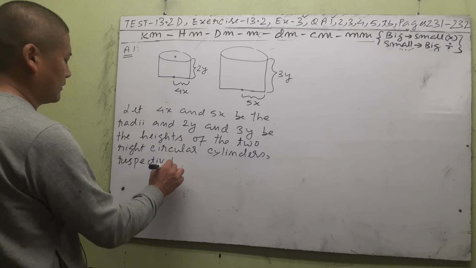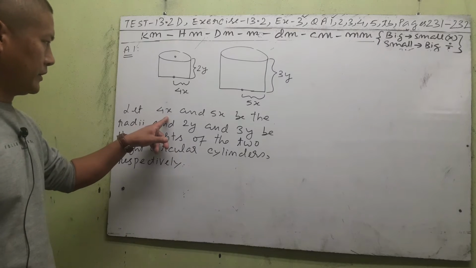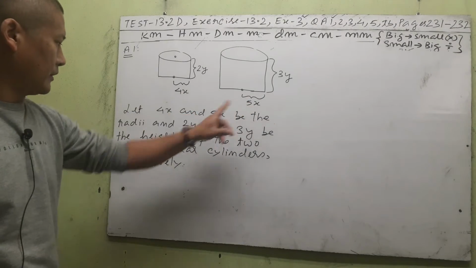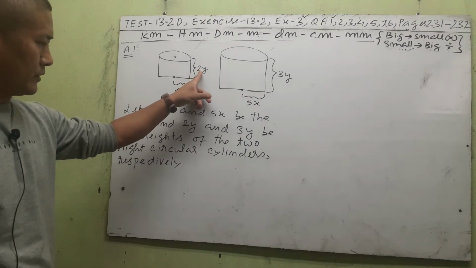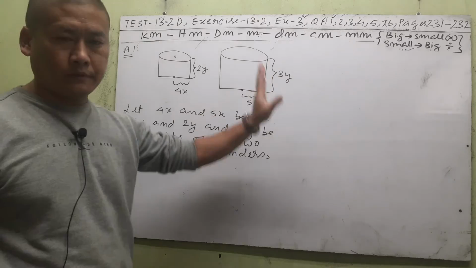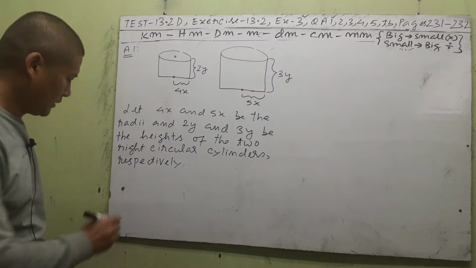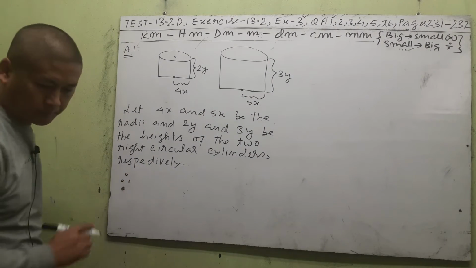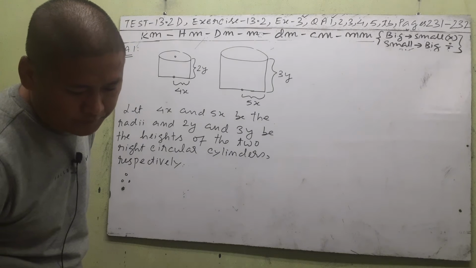That means 4x is the radius of the first, 5x is the radius of the second, and 2y is the height of the first, and 3y is the height of the second. That's the meaning of respectively. Therefore, find the ratio of their curved surface area.